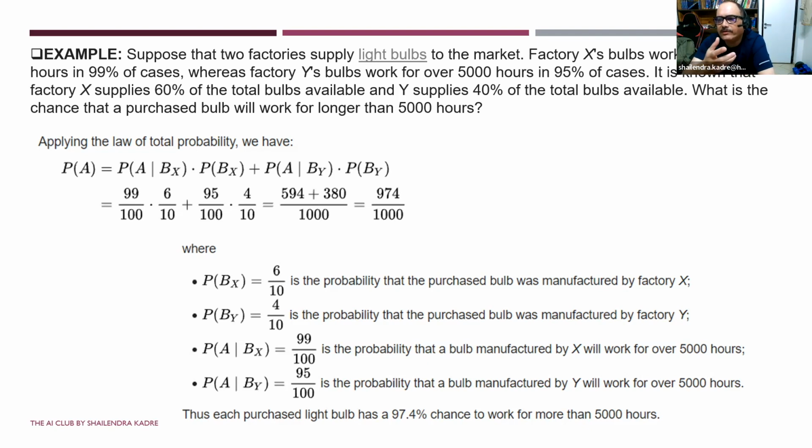We are measuring whether the bulb works for more than 5,000 hours. I am buying one random bulb, and maybe that bulb is not marked with factory X or factory Y, the branding is not there. What is the probability that the purchased bulb will work more than 5,000 hours?